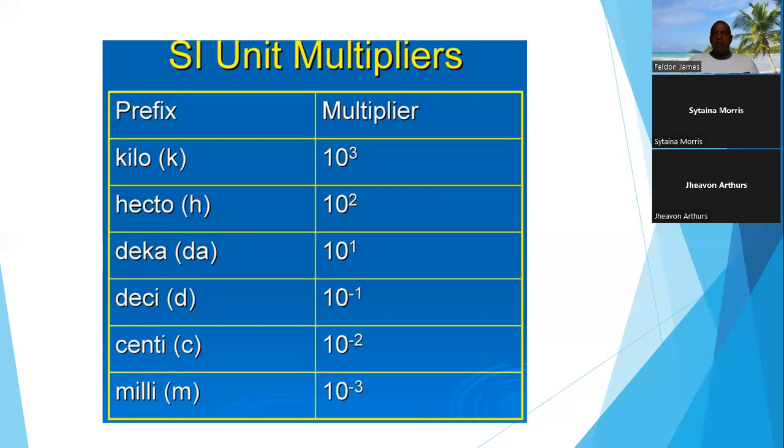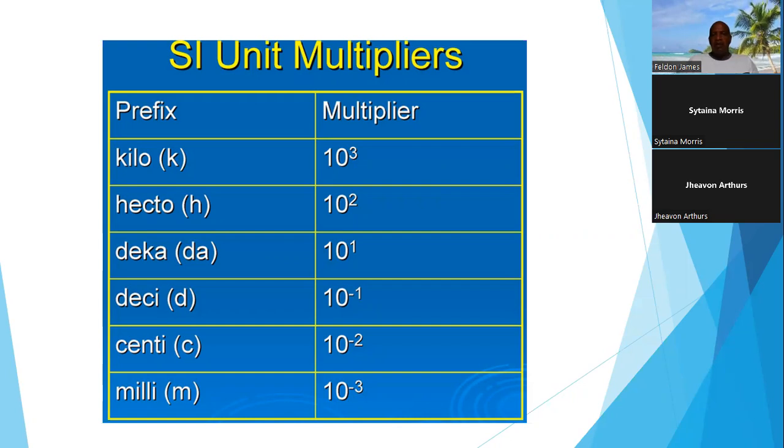Or distance. When I was explaining earlier about the SI system, I'm not sure that you were all hearing. I was just saying that the SI system has these prefixes: kilo, hecto, deca, deci, centi, milli. These are all prefixes used in the metric system, and the metric system and the SI system are pretty much the same.